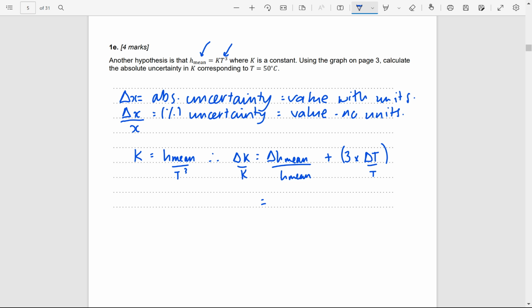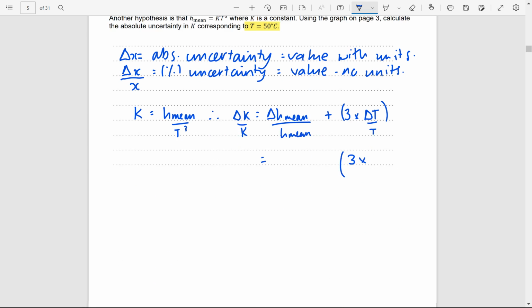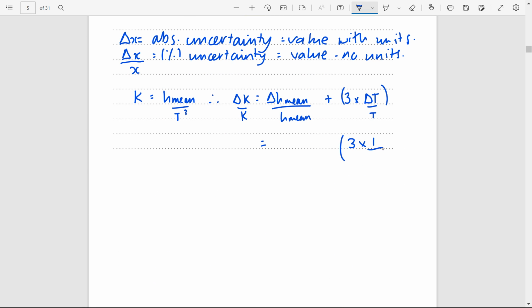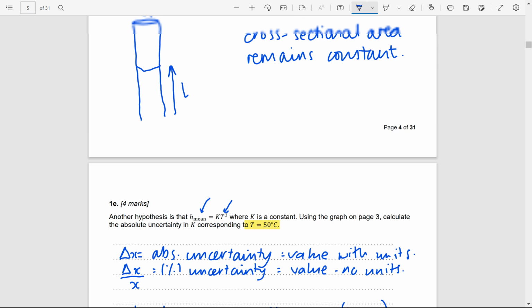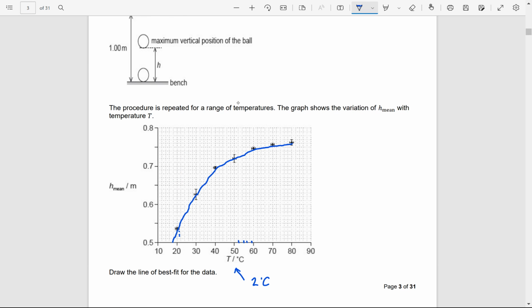And then we use the graph to find the values. Now, first of all, it's told us that the temperature is 50, so we can go ahead and plug that one in. So we've got 3 lots of the uncertainty, which we found up here, is 1, divided by 50. That's the value they gave us. So that's a fractional uncertainty in T. And then we need to find the value of H mean at T equals 50.